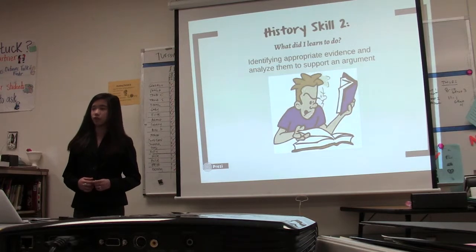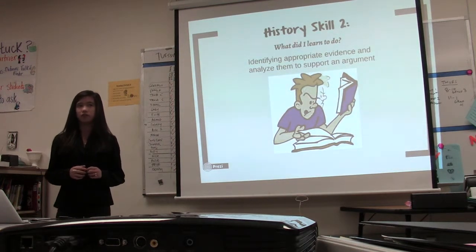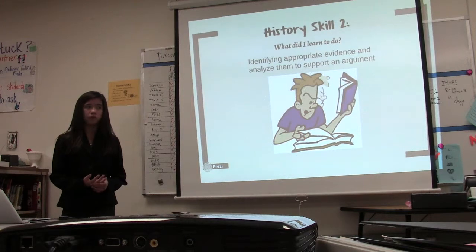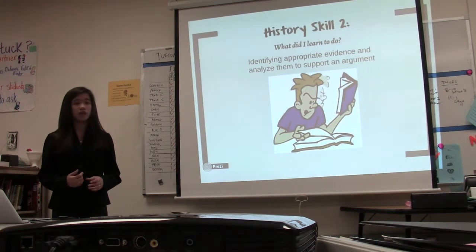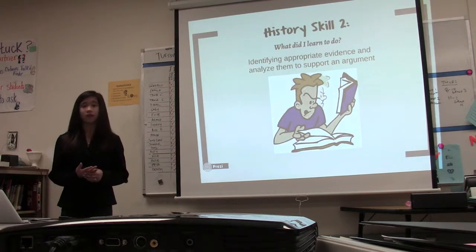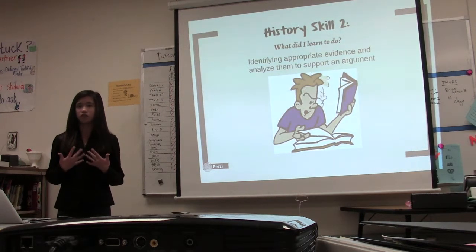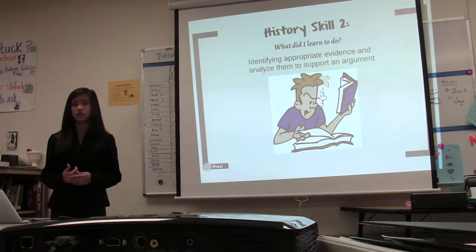Remember that we had this blue packet with divided evidence, one that supports slavery and one that doesn't. I didn't support slavery at that time, and by identifying appropriate evidence, I was able to state what I support, and I was able to support my ideas too.